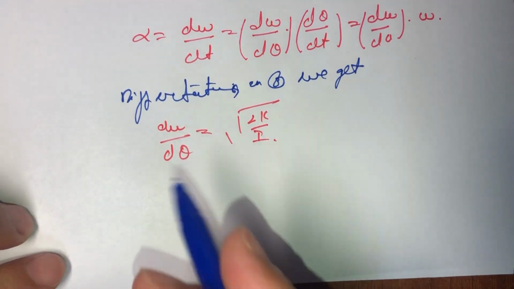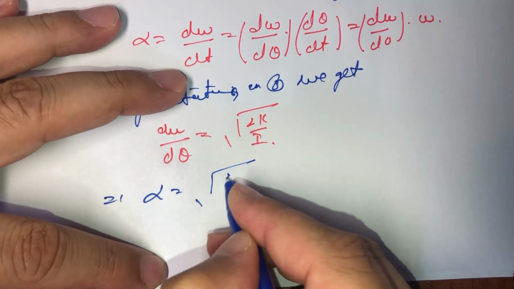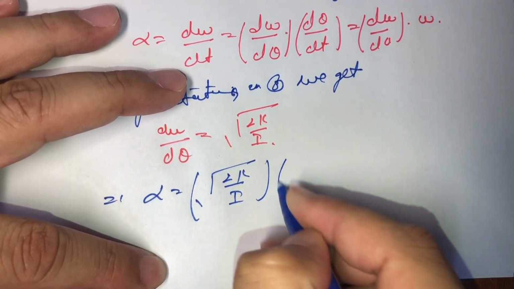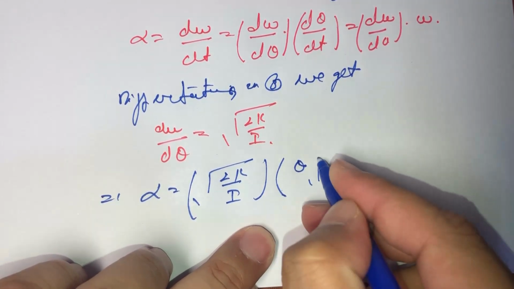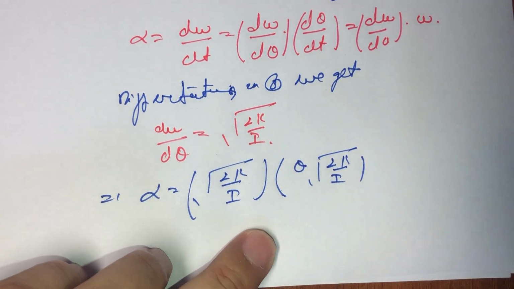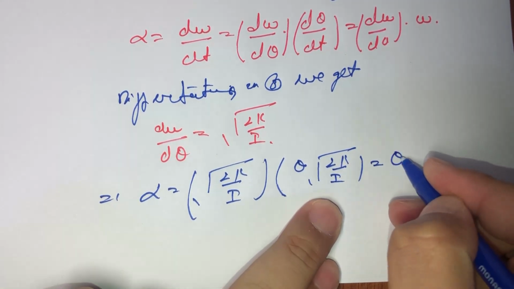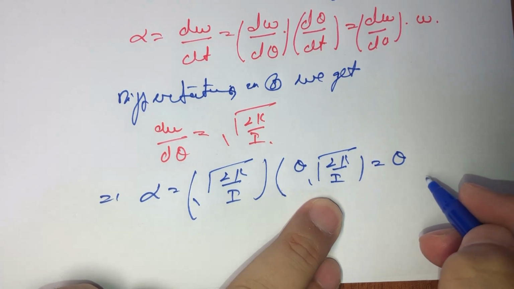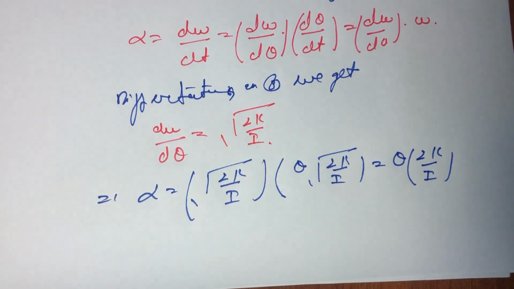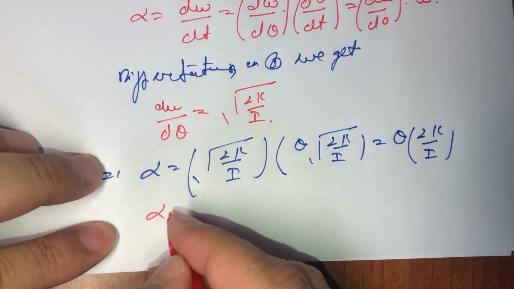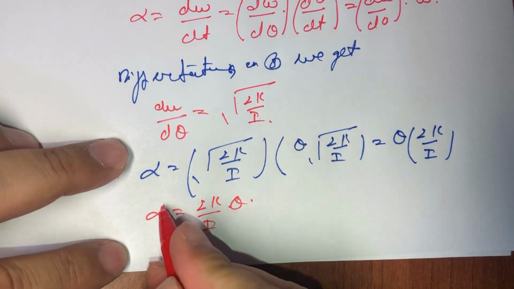Therefore, the angular acceleration alpha will be equal to square root of 2k by I, and omega is given as theta square root of 2k upon I. So this is equal to theta multiplied by 2k upon I. Therefore, we get alpha is equal to 2k upon I multiplied by theta.